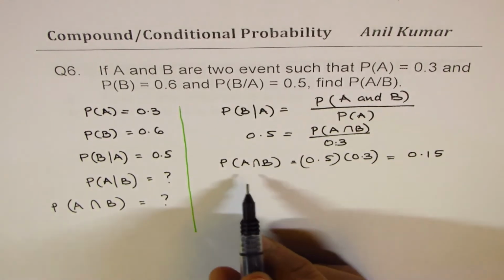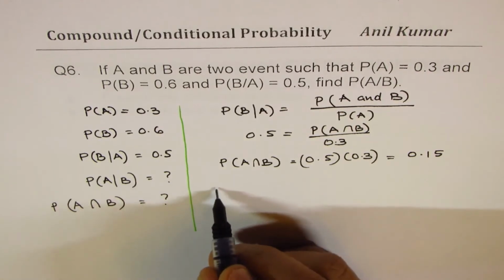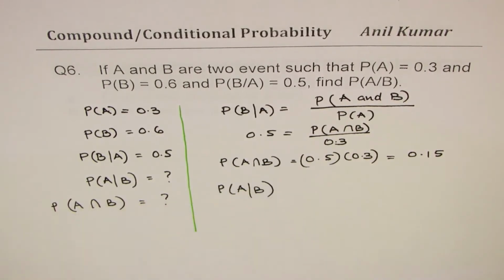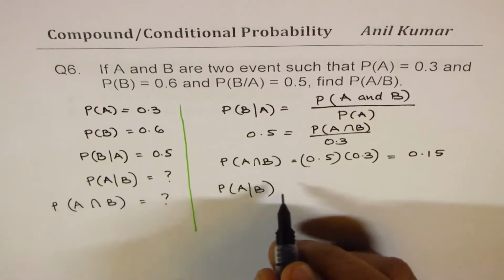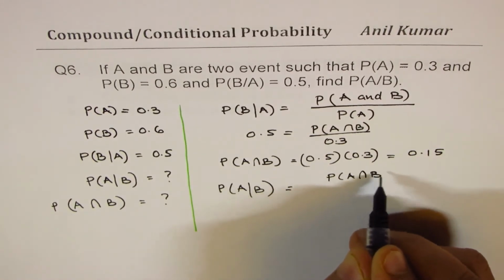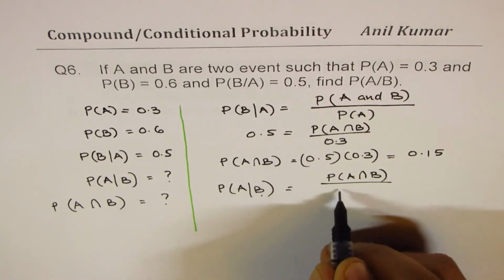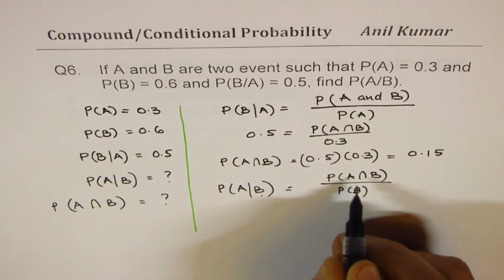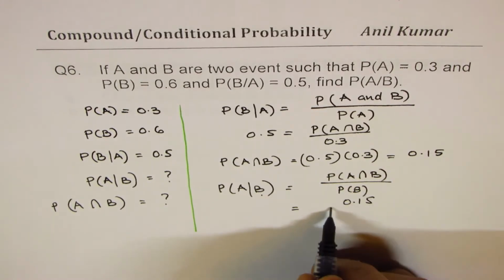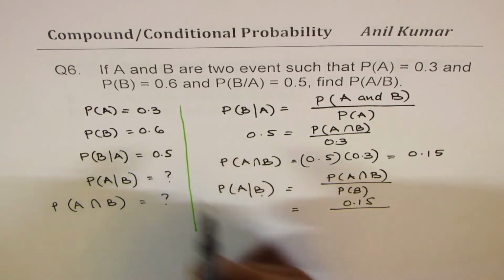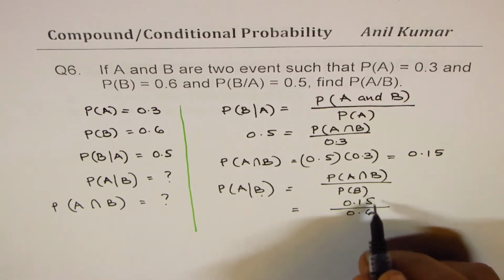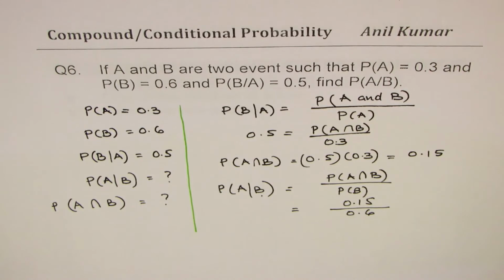Now we can find the probability for A when B has already happened. This is probability of A and B divided by probability of B. Probability of A and B is 0.15, divided by probability of B, which is 0.6. You can now simplify this or use the calculator.